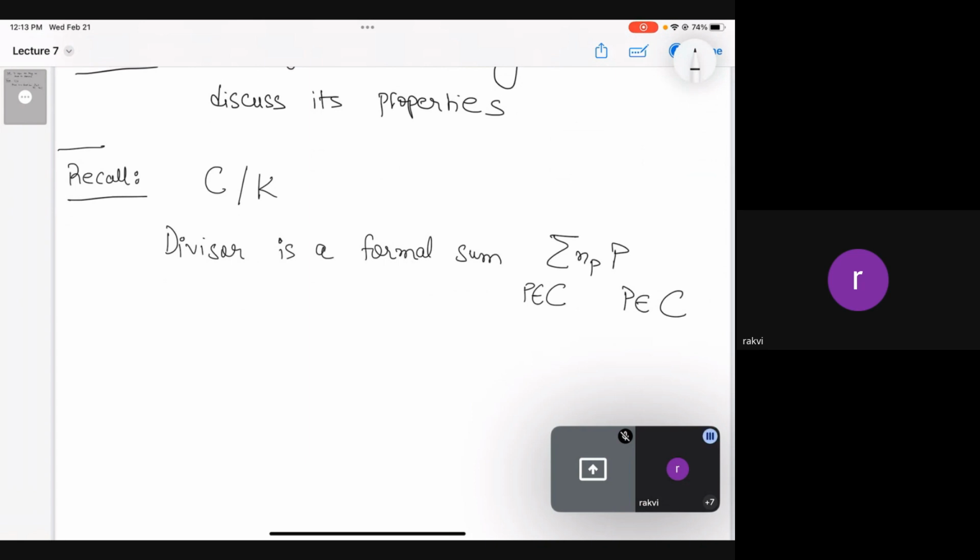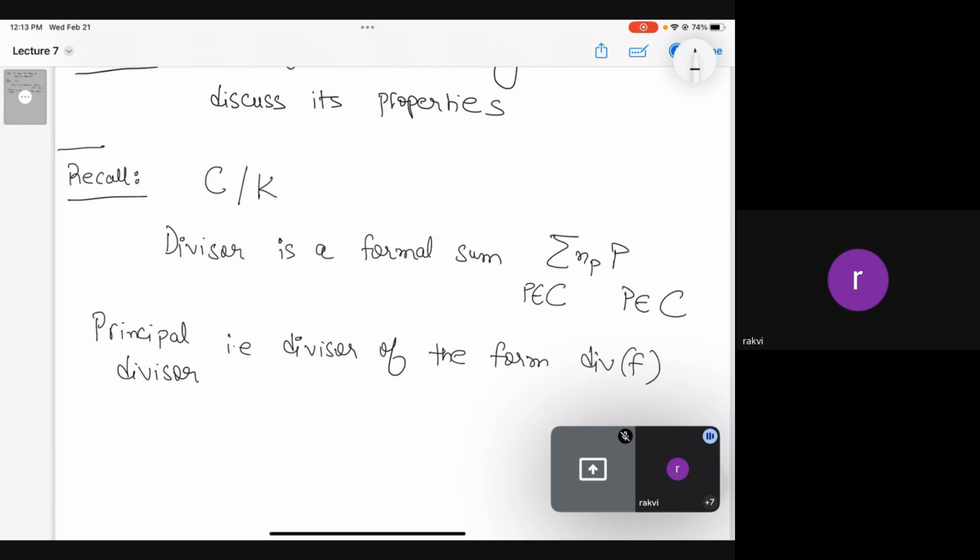And we also saw principal divisors, which are basically divisors of the form divisor of f, where f is a function on the curve.